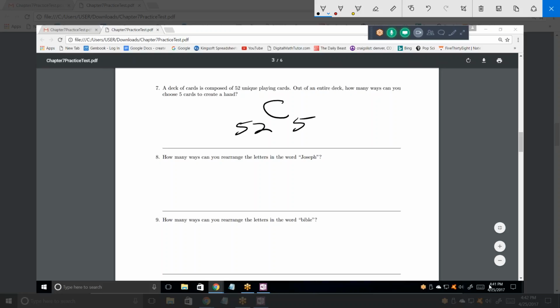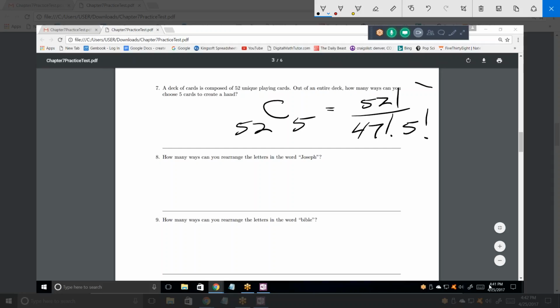So the answer to that is 52 factorial divided by 47 factorial times 5 factorial. Now that's a pretty big number. That's 52 times 51 times 50 times 49 times 48, all divided by 5 times 4 times 3 times 2. That's a huge number.